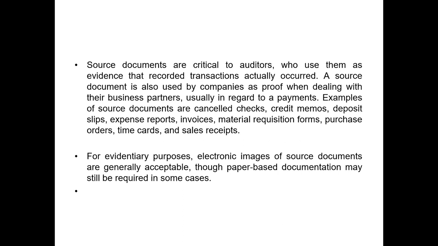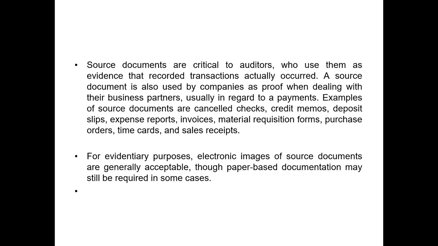So in the last video we discussed the objective evidence concept. These are the source documents which are to be provided to the auditors for authenticity of the transactions. A source document is also used by companies as proof when dealing with their business partners, usually in regard to payments.